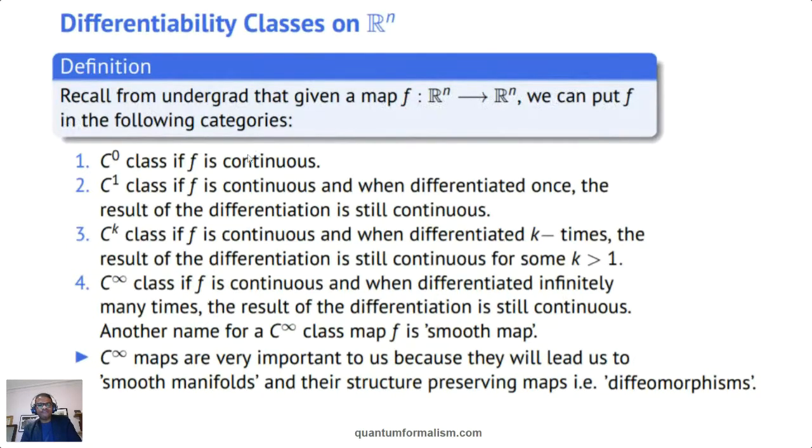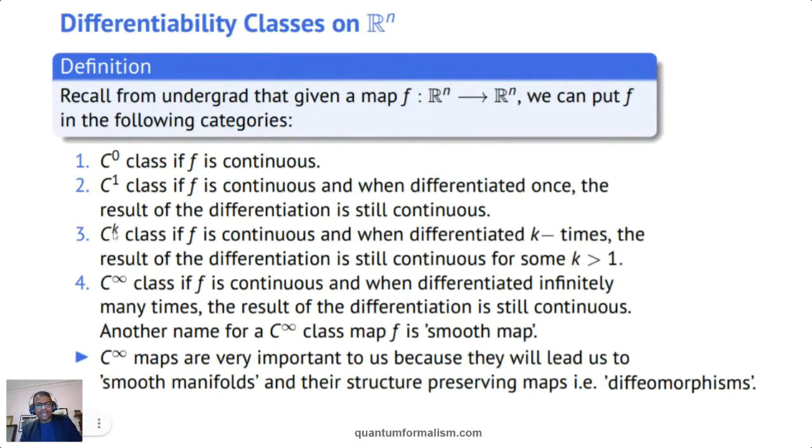We say F is of class C0 if F is continuous. We say F is of class C1 if F is continuous, and when you differentiate once, the result of the differentiation is still continuous. Likewise, we can generalize this.